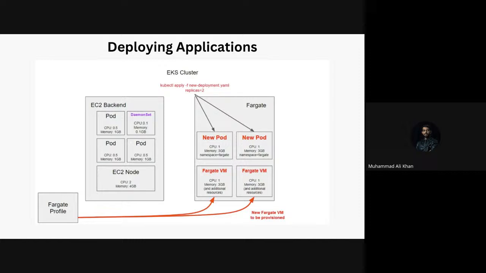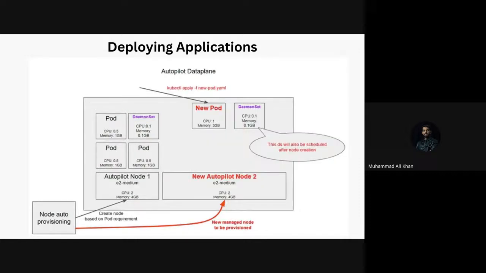But when we are using daemon sets for our applications, we can't really deploy daemon sets on our EKS Fargate cluster, since the pods are created separately on each separate VM. So EKS Fargate doesn't allow users to deploy daemon sets on EKS Fargate clusters.